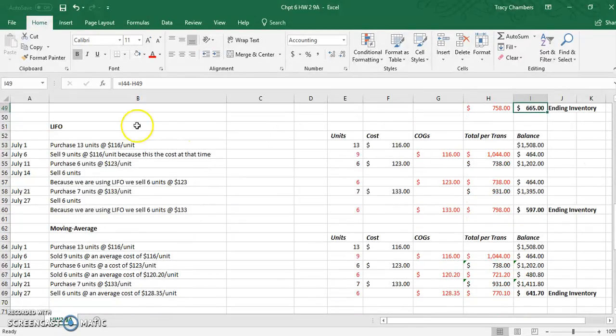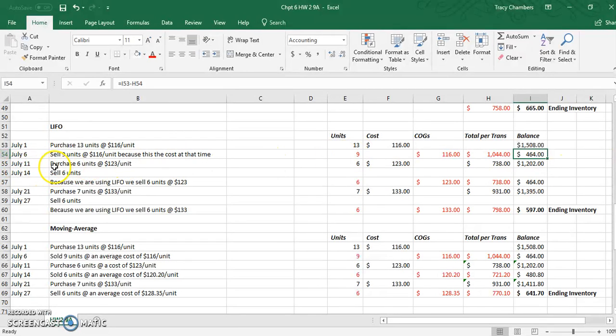To calculate it using last in, first out, we purchased 13 units at $116 per unit, which gives us a balance of $1,508. We sell 9 units at $116 per unit because this is the cost at the time. So we sell 9 units at $116, gives us a transaction of $1,044 and a balance of $464.